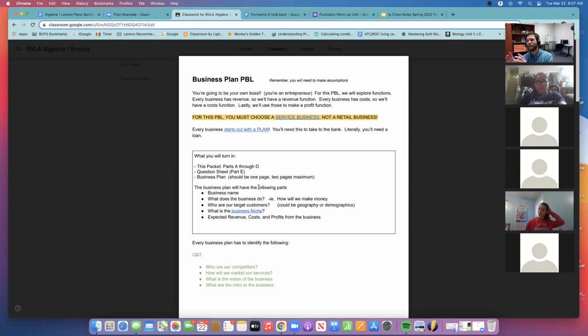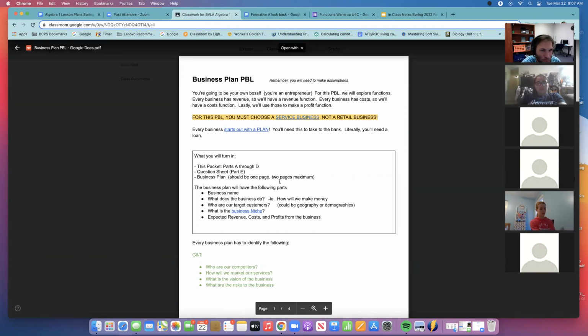And here is my revenue function with how much money I think I'm going to make. Here's my cost function with how much I think it's going to cost me. So I can prove to you that I can be profitable. And the bank knows you're making assumptions. That's all it is. It's an assumption. And the bank knows it's a risk. They loan this money out to people all the time. Half their businesses fail, but that's fine.